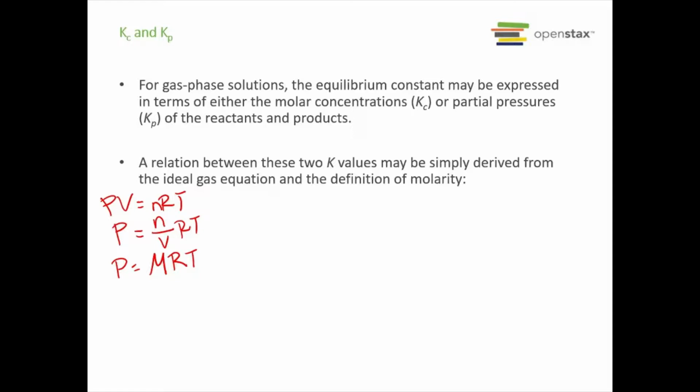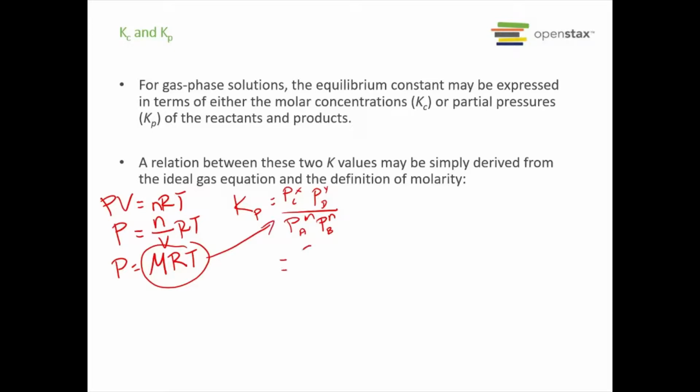And then let's look at the Kp expression for some general reaction. Pc to the x times Pd to the y over Pa to the m times Pb to the n. And we go ahead and substitute this pressure equals molarity times RT in for all of our pressures.